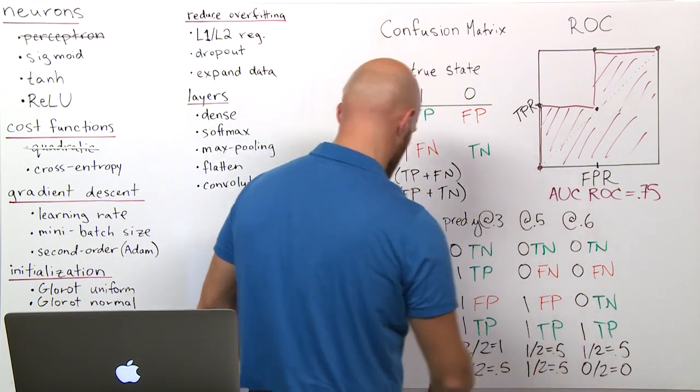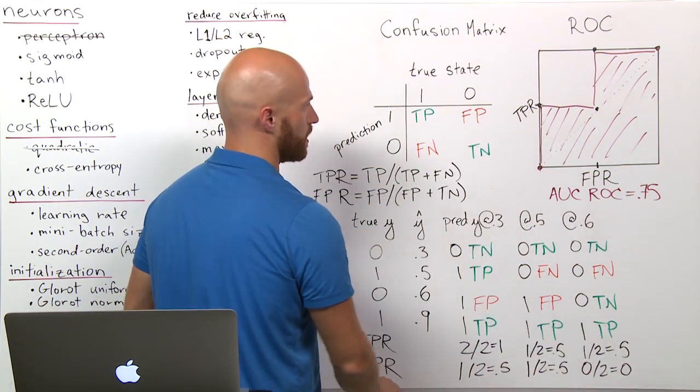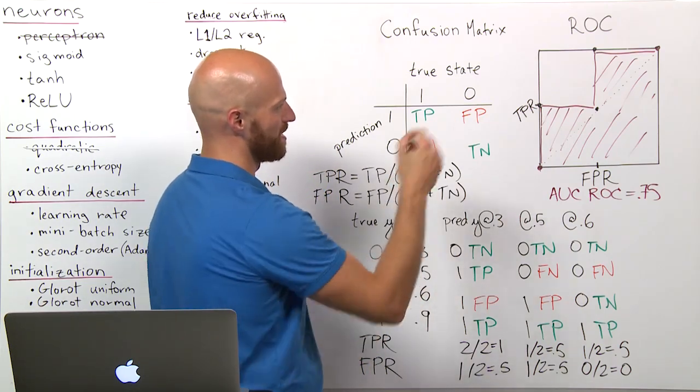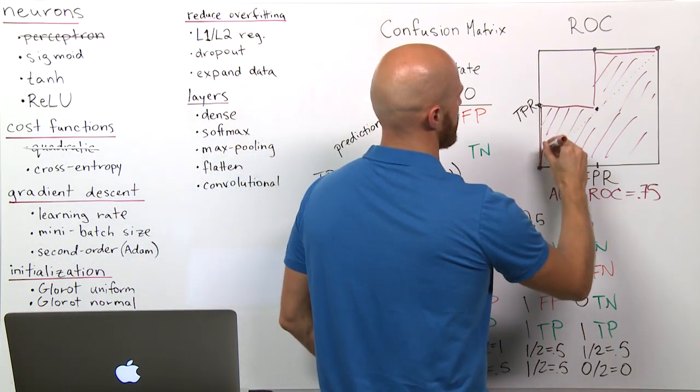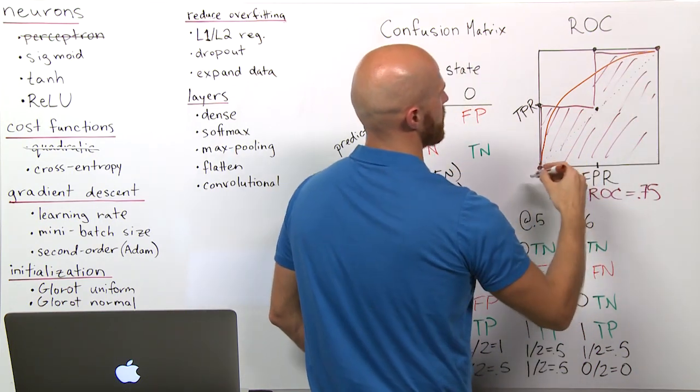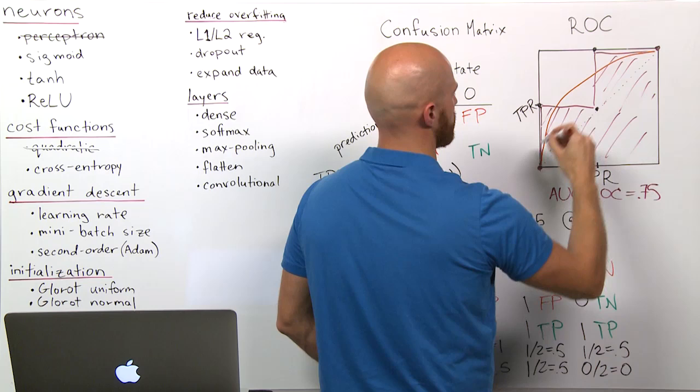In practice, these curves end up looking not like staircases because we typically have far more than 3 possible thresholds. And so we end up with some shape, kind of a round shape like that. And that's probably about a curve of 0.75.